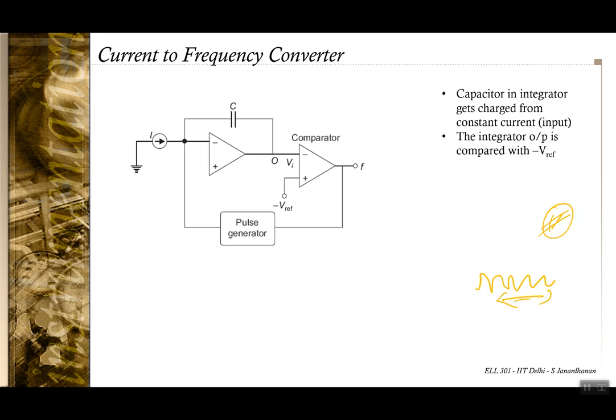Okay, so you are measuring either the time period or the frequency. Basically you are measuring the number of pulses, or how many pulses can be counted in a fixed time period.